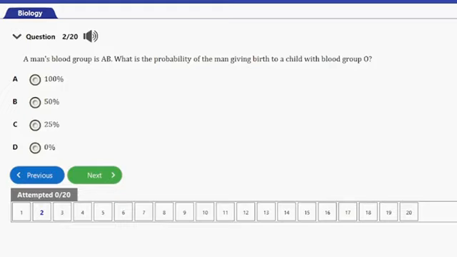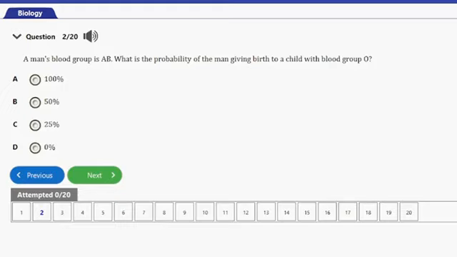The probability of a man with blood group AB giving birth to a child with blood group O is 0%, because it's not possible for AB to give birth to an O, since the man has A and B, which are co-dominant in his blood group, and there is no O in any way, whether recessive or dominant.